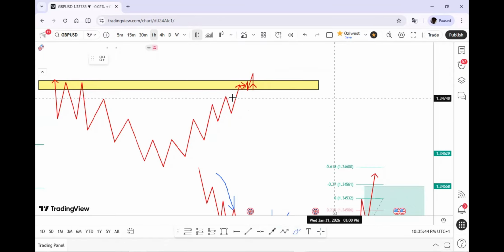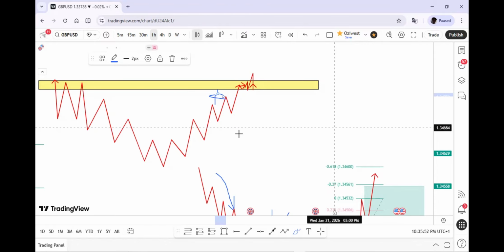a double top. Let's mark this here. This here is your 4-hour trend. And this here is your 15-minute time frame. Let me change the color.